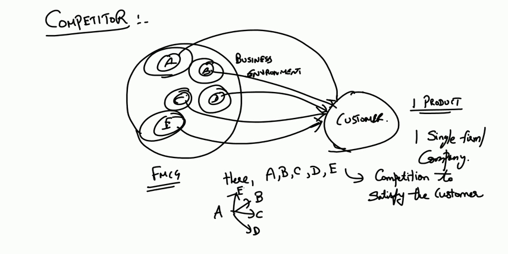So competitor is also the most important constituent of the marketing framework as part of these 4 C's. And the final C which we are going to look into right now is the collaborators. Who are those collaborators?